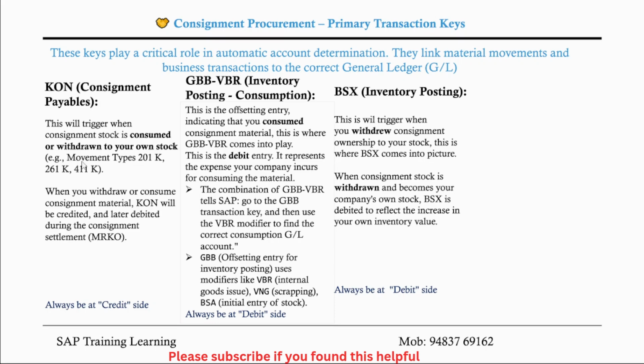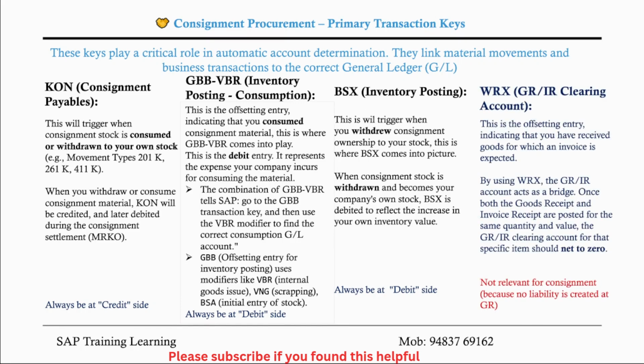So we spoke about the consignment account being triggered in two ways. One, when you consume, which again is in two ways: against cost center and against production order. And the other is when you change the ownership of the stock to your stock, which means your inventory account is increasing, and the BSX account will be triggered. Clear, right?